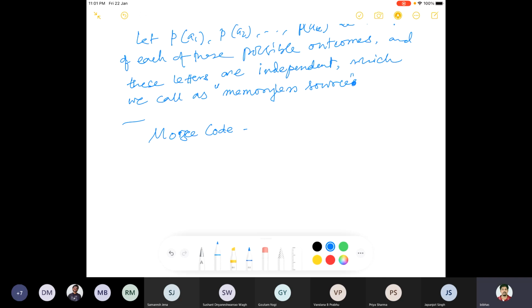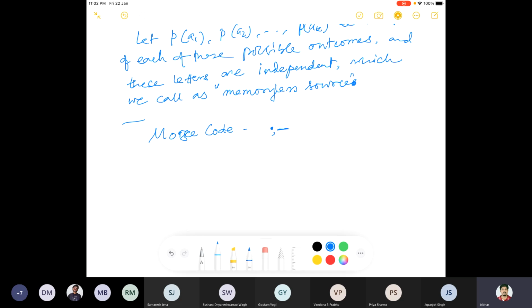He used basically two kinds of letters. These are not binary digits, it is one dot and one dash. Using this dot and dash, he produced a coding scheme for all the English alphabets, A to Z, and for the numbers.